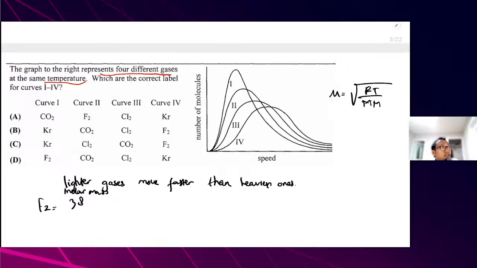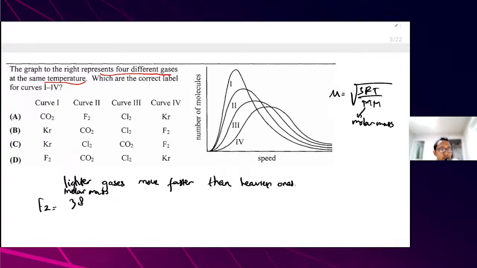However, I don't like this equation because in the exam, sometimes we don't remember the equation. It is 3RT over MM, where MM is molar mass.